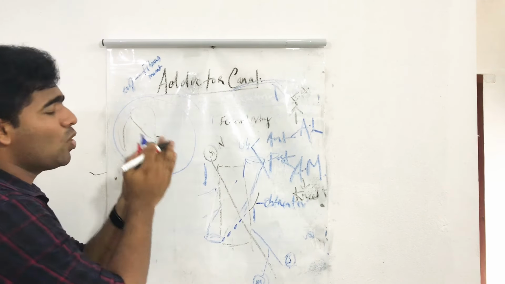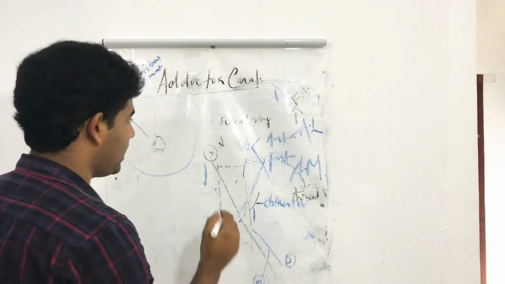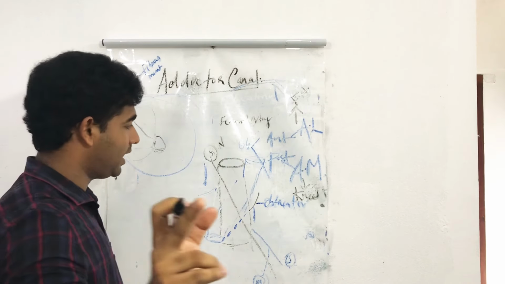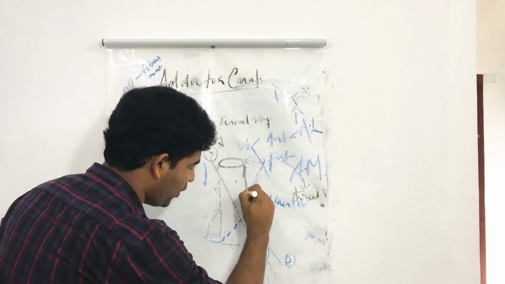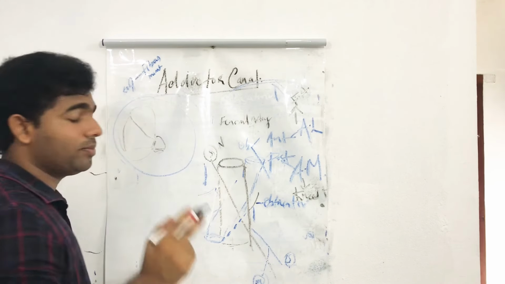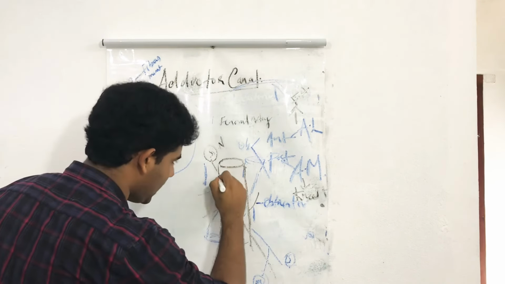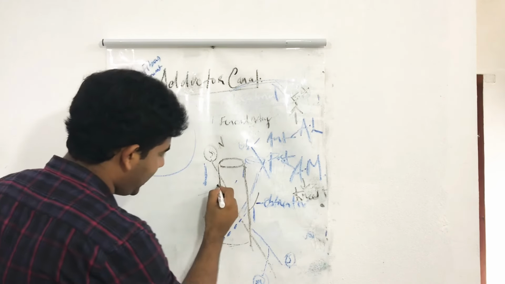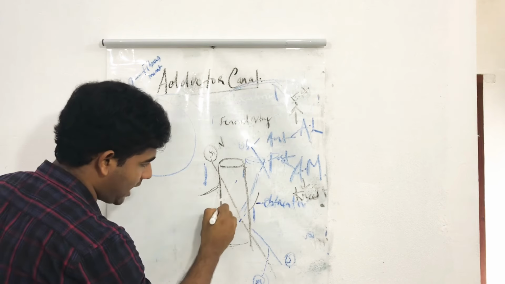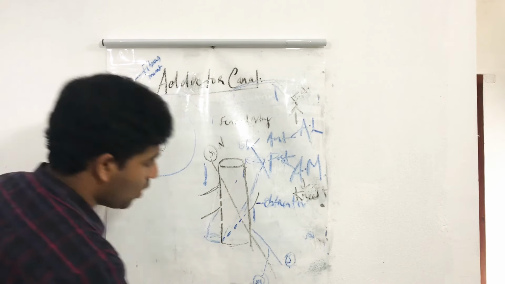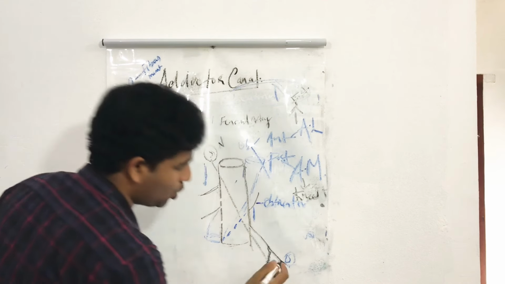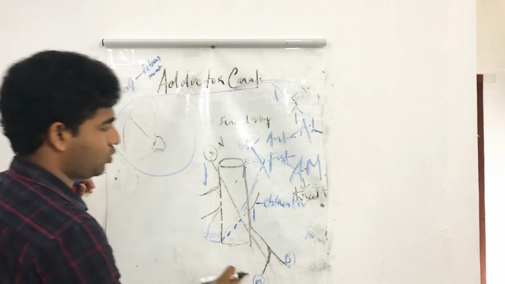Now let us study once again the contents of the adductor canal. That is the femoral artery, seen starting from the apex of the femoral triangle, and it divides into two muscular branches and one descending genicular branch, which again divides into the saphenous artery and a muscular branch.